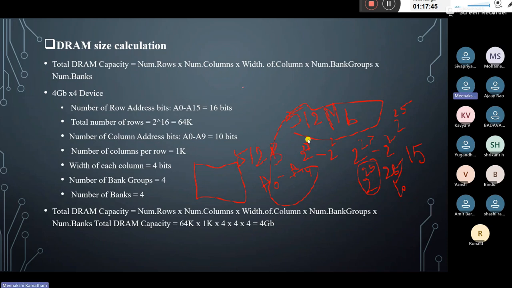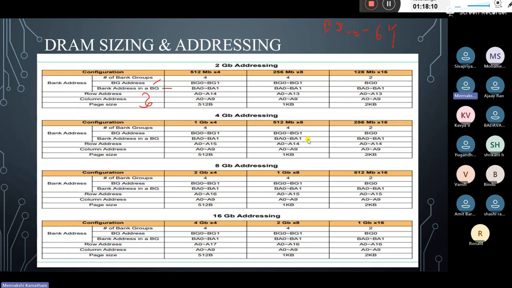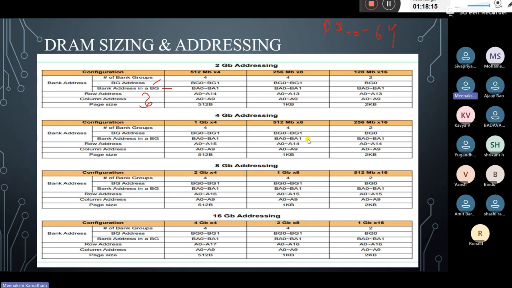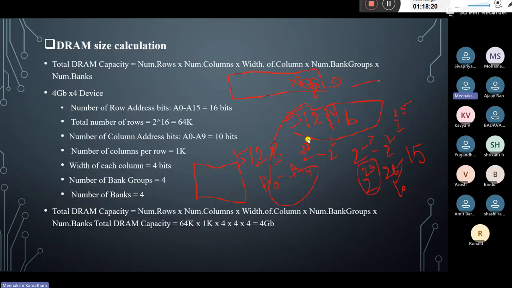It is the total number of rows into the configuration, whether x4, x8, or x16, and again converted into bytes. Then we get the page size, either 1 KB, 2 KB, and so on, depending on our configuration. I just gave the basic idea related to DRAM, of how we can get all these things.